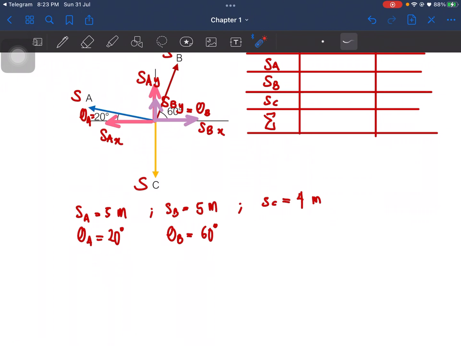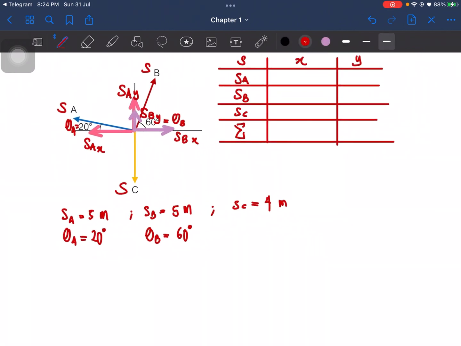Okay, so if the angle lies on this x-axis, we are going to use cos theta. But if this 20 degree is on the y-axis, and we are trying to resolve it in the x-axis, we are going to use sine theta. Okay, hopefully you understand what I'm trying to say now.